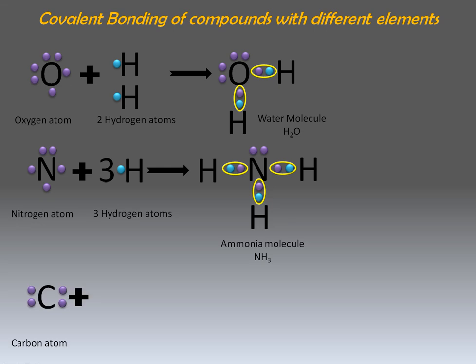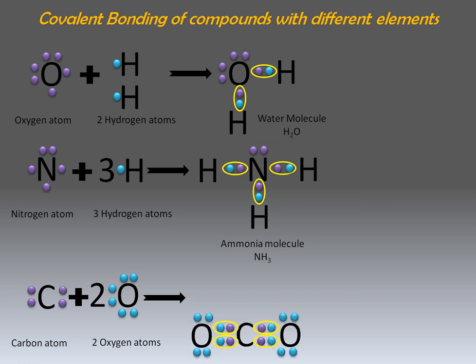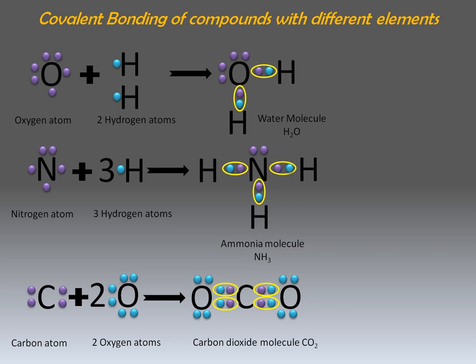In the case of carbon and oxygen to form carbon dioxide, the carbon needs 4 more electrons, so it needs 2 oxygens to form 2 double bonds that will be polar, but since they are aligned and canceling each other, the molecule of carbon dioxide is nonpolar, as we discussed during class.